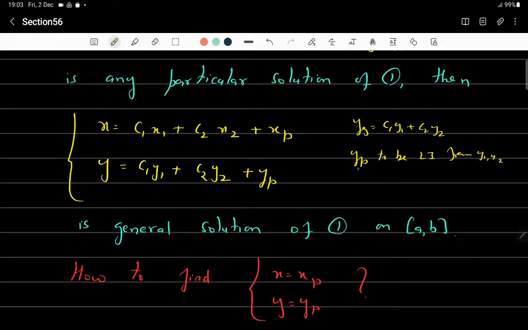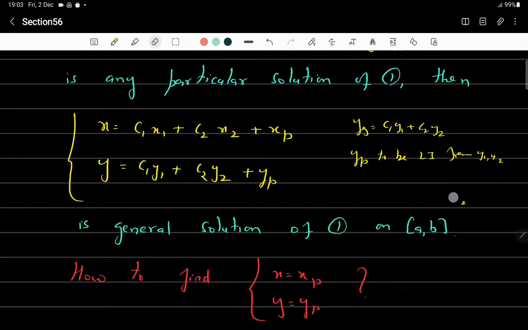So if you write yp in the form of c1 y1 plus c2 y2, then yp is linearly dependent on y1 and y2. To be linearly independent, you want yp to be a non-constant multiple of y1 and y2. It means v1(x) y1 plus v2(x) y2, and then we used to compute the values of v1 and v2.